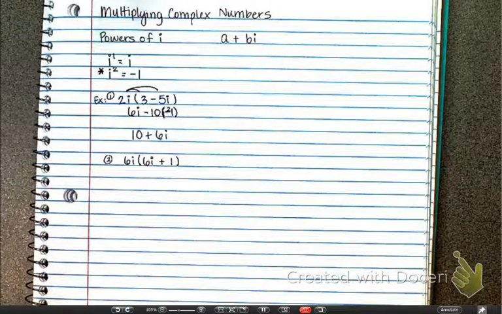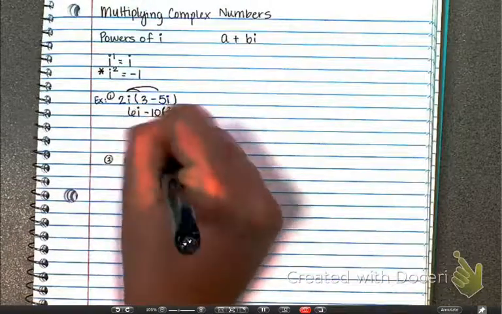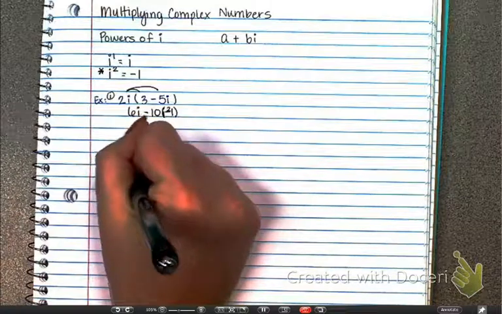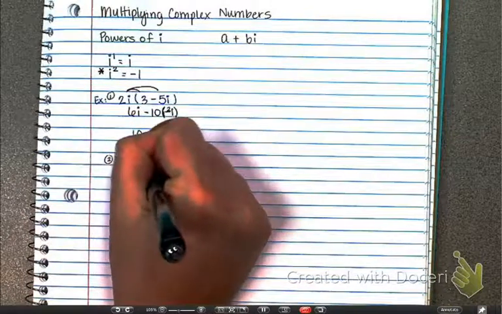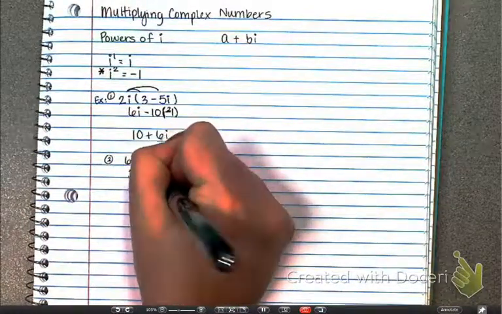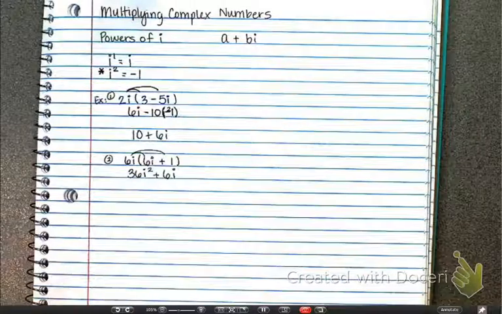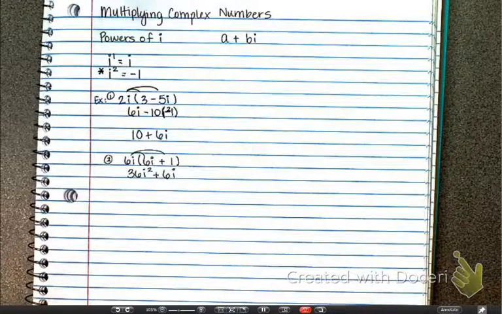So again, it's the distributive property, right? So when I distribute, what do I get? 36i squared plus 6i. Everyone okay with that?